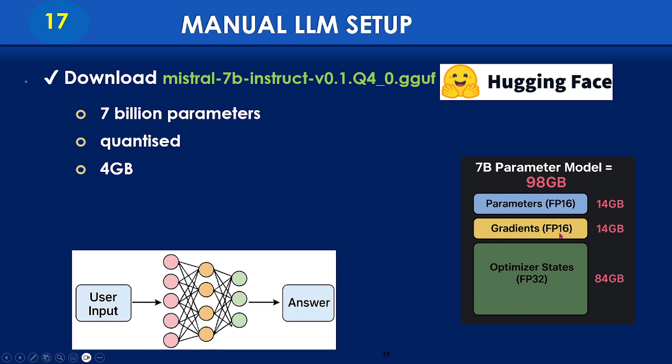Then we need to update them and optimize them, so each needs another 2 bytes. And on top of that, if we are going to fine-tune it, we need another four times four bytes for each, say if you choose the Adam optimizer, which is widely used.